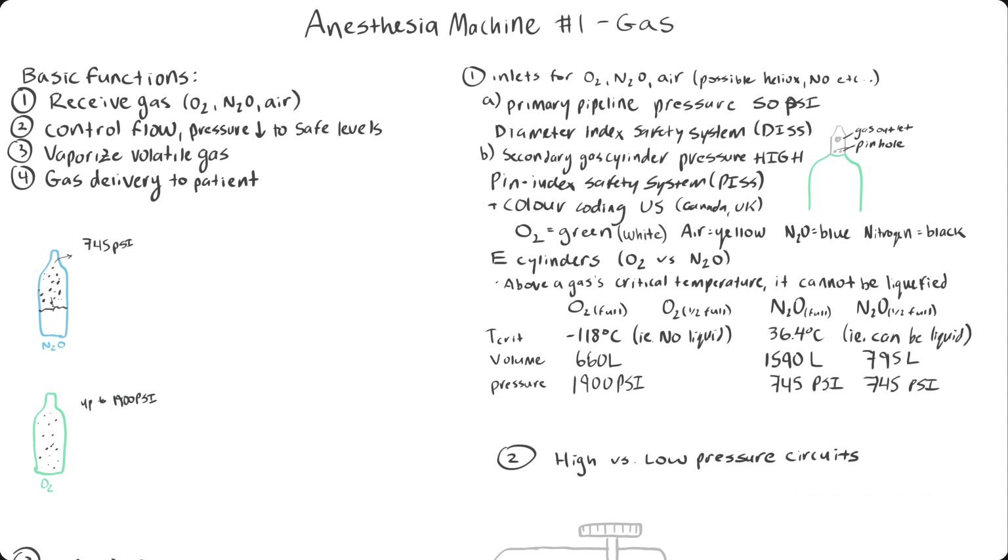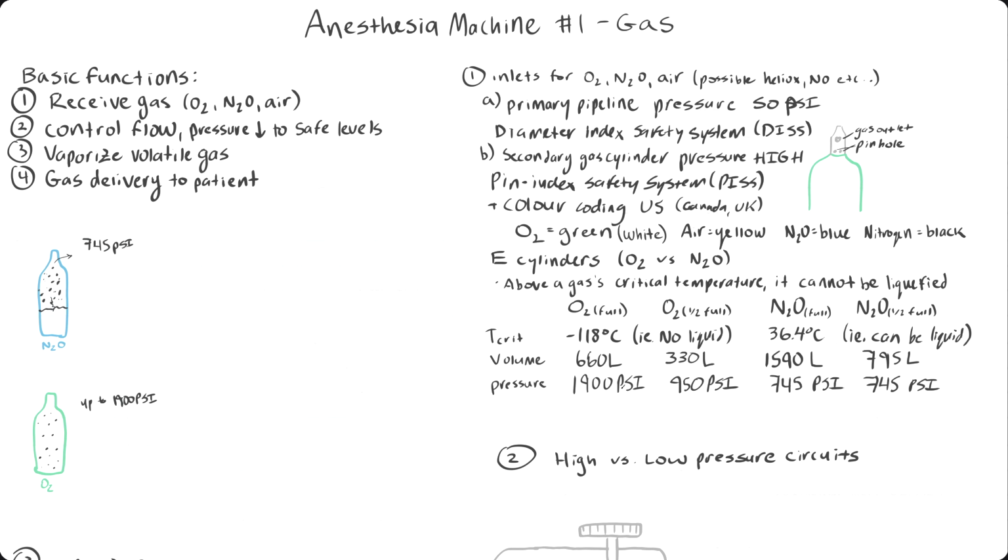Oxygen, on the other hand, since it's only in the gas form, the pressure in the tank is proportional to the leftover gas. So if you've used half of your O2 tank, you're left with 330 liters, and the pressure will be half of your original 1900 psi, so 950 psi.